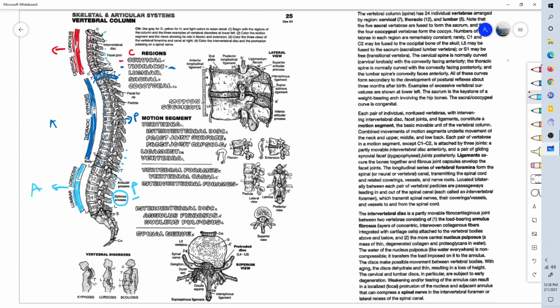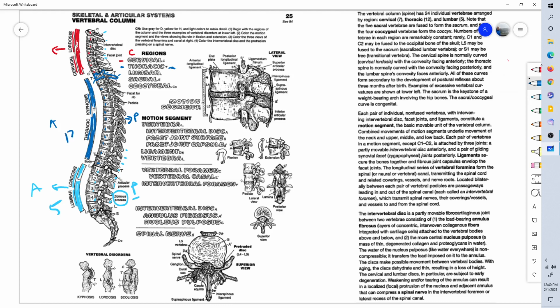Of course, we use the abbreviation L for the lumbar spine. So we have L1, L2, L3, L4, and L5. Lumbar vertebra 1, lumbar vertebra 2, etc., etc. Of course, you can see that there are 5 lumbar vertebrae.